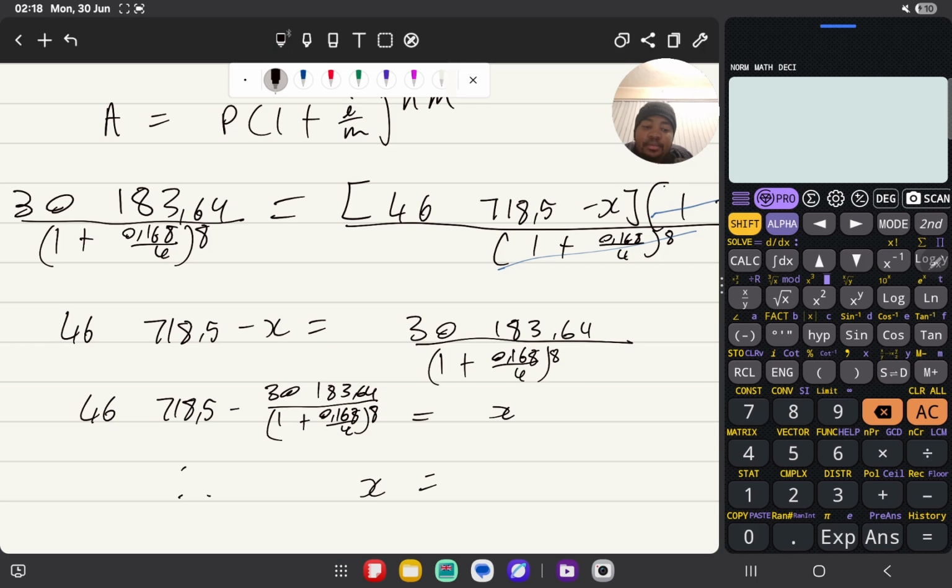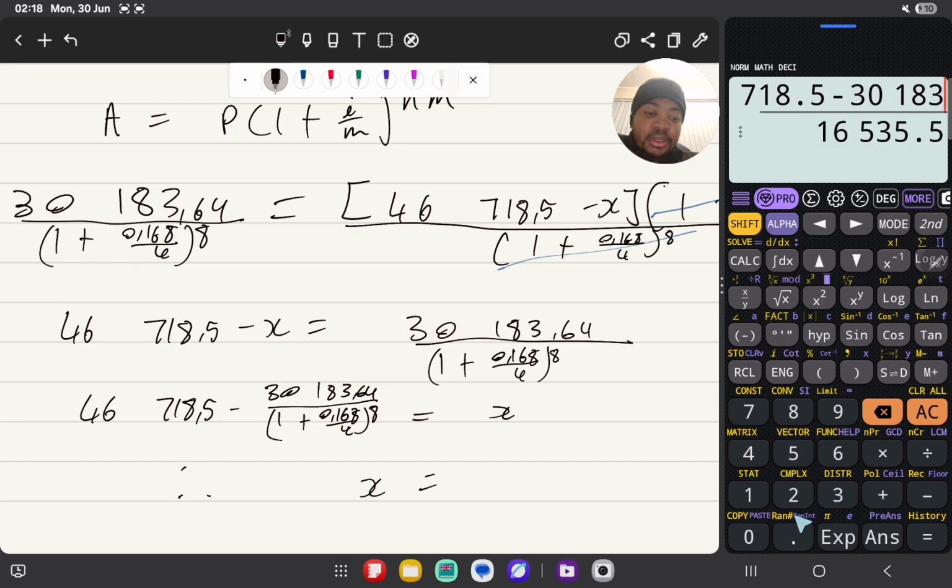Right, so therefore X is going to be how much? Let's see. 46,718.5 minus 30,183.64 divided by 1 plus 0.1684, because it was quarterly, to the power of 8.